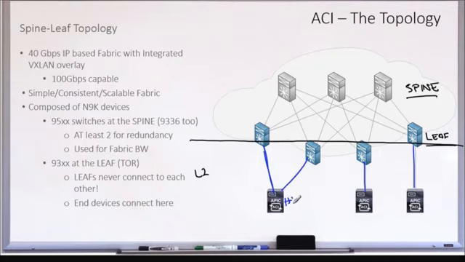So maybe this is host 1, this is host 2, and this is host 3. We could even come down here and attach non-ACI switches to these guys. And this would be where our layer 2 stops, because everything up here within the fabric between our spines and our leaves is going to be layer 3 routed.